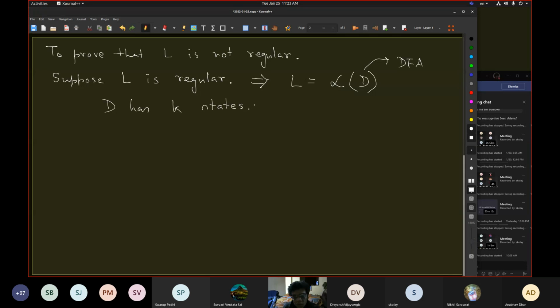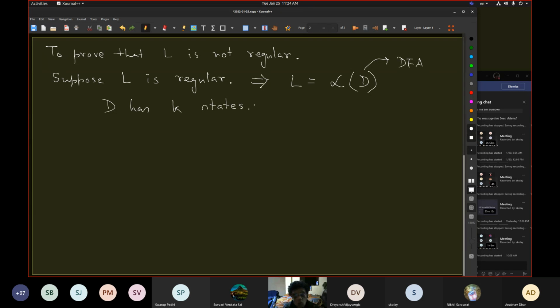Of course, do you agree that finite languages are regular? Languages containing only finitely many strings, are they regular? Yes, sir. Right.